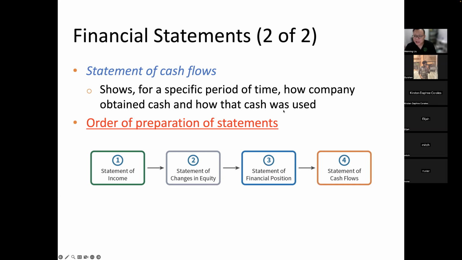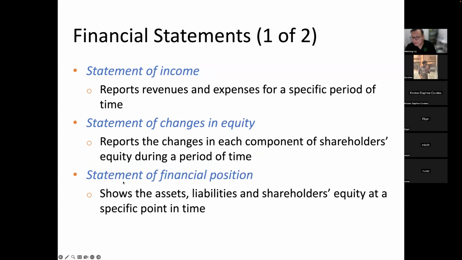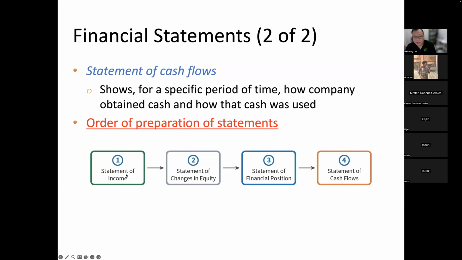So to prepare these financial statements, you start with the statement of income. You learn how much money you make or you lose, and that information will feed into the statement of changes in equity. So is the shareholder in a better position or a worse position?